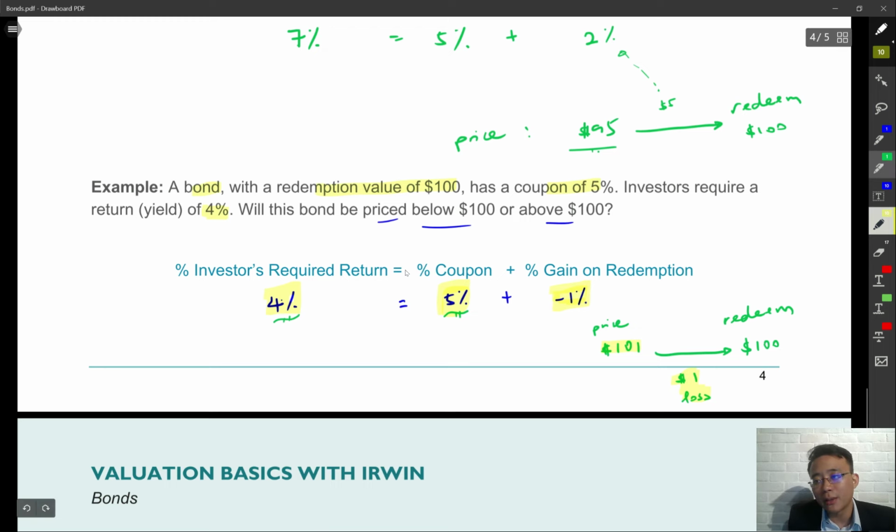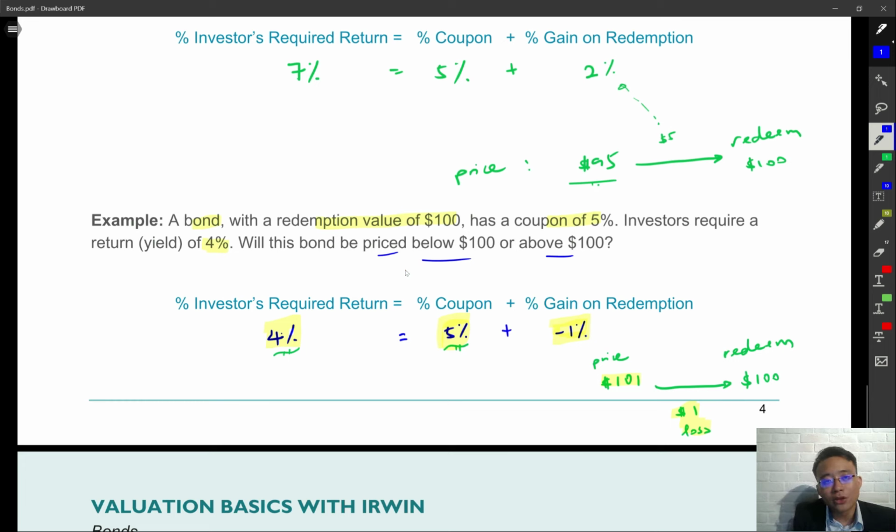But notice what happens. Your earlier price, when you had a yield of 7, your price was 95. Now, your yield went down to 4%. You see that? Investors' required return is the yield, right? From 7 to 4, your yield or investors' required return has gone down. What has happened to price?